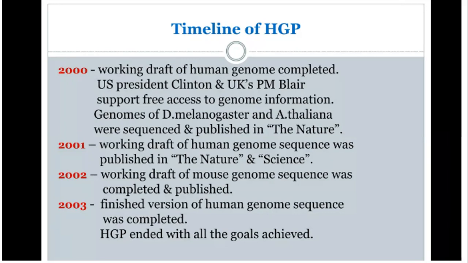In 2001, the working draft of the Human Genome Project was published in the journals Nature and Science. In 2002, the working draft of the mouse genome sequence was completed and published, and in 2003, the finished version of the Human Genome Project was completed, and the Human Genome Project ended with all the goals achieved.